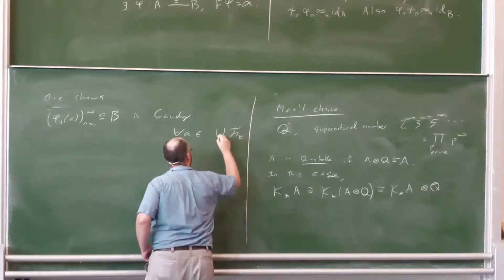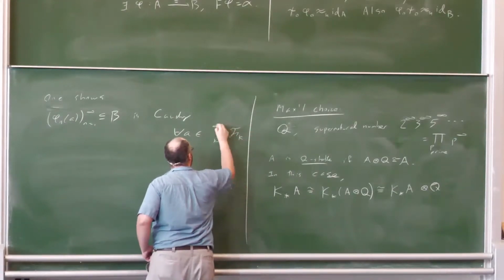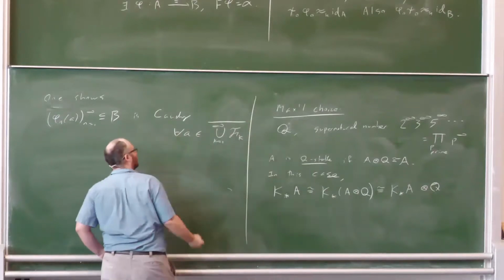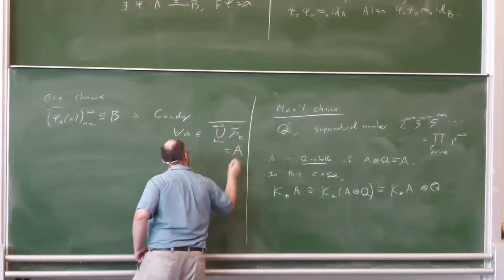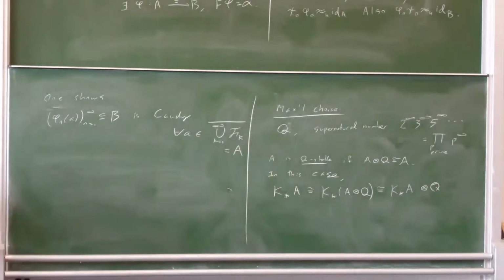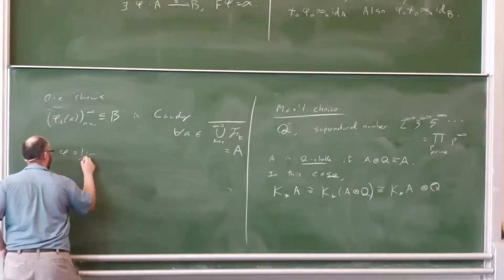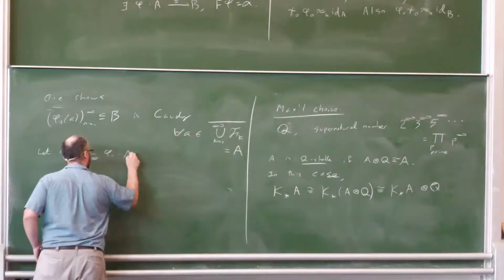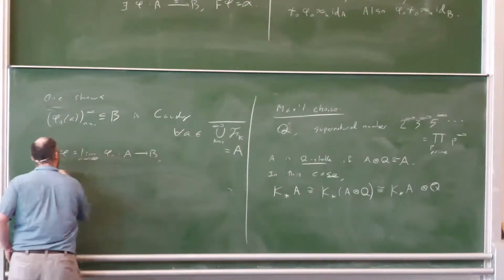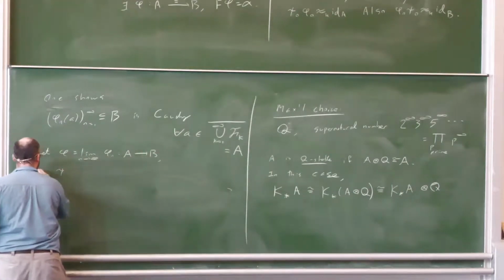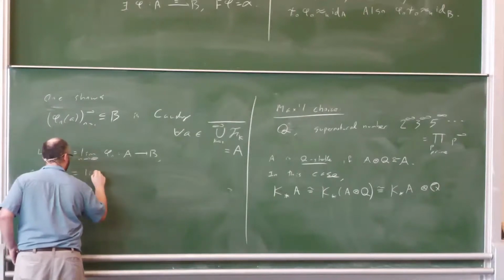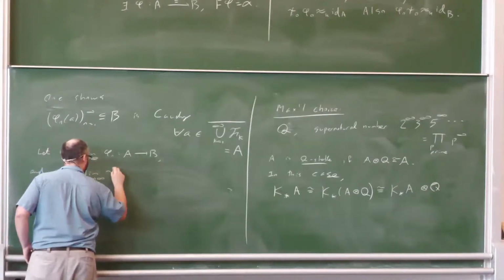Then, of course, it's true on the union, and hence on the closure, by an epsilon over 3 argument. So it's Cauchy on the whole algebra. So let phi be the pointwise limit, and similarly psi the limit of the other maps in the other direction.